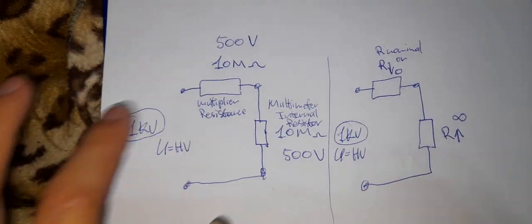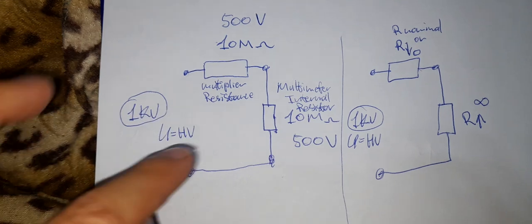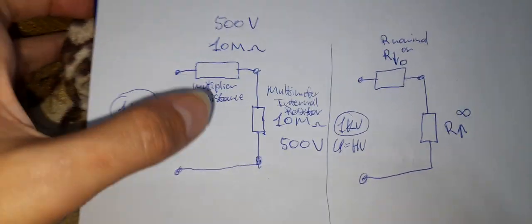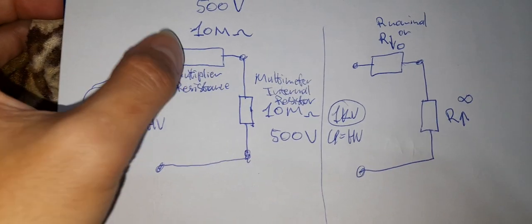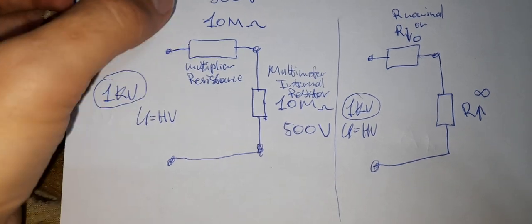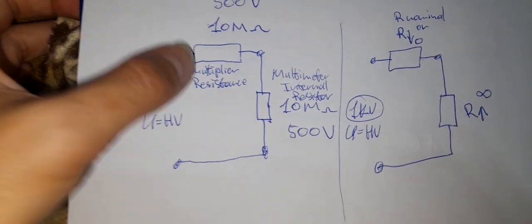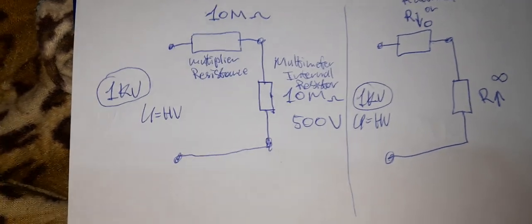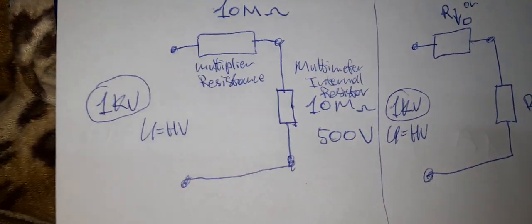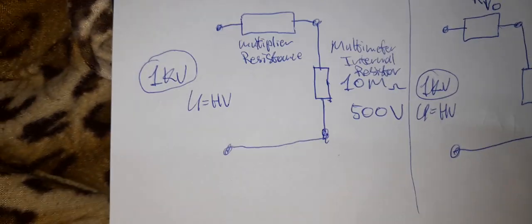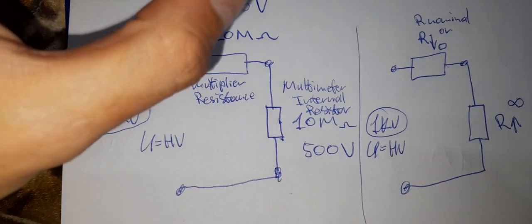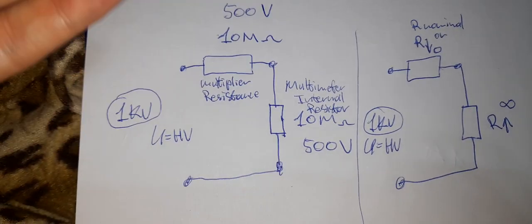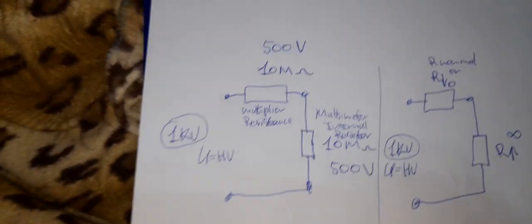So this happens when you try to combine the circuit. The internal resistor of the power supply, that in this case is the multiplier resistance of diodes and capacitors, that are considered as high value resistors because everything is a resistor.